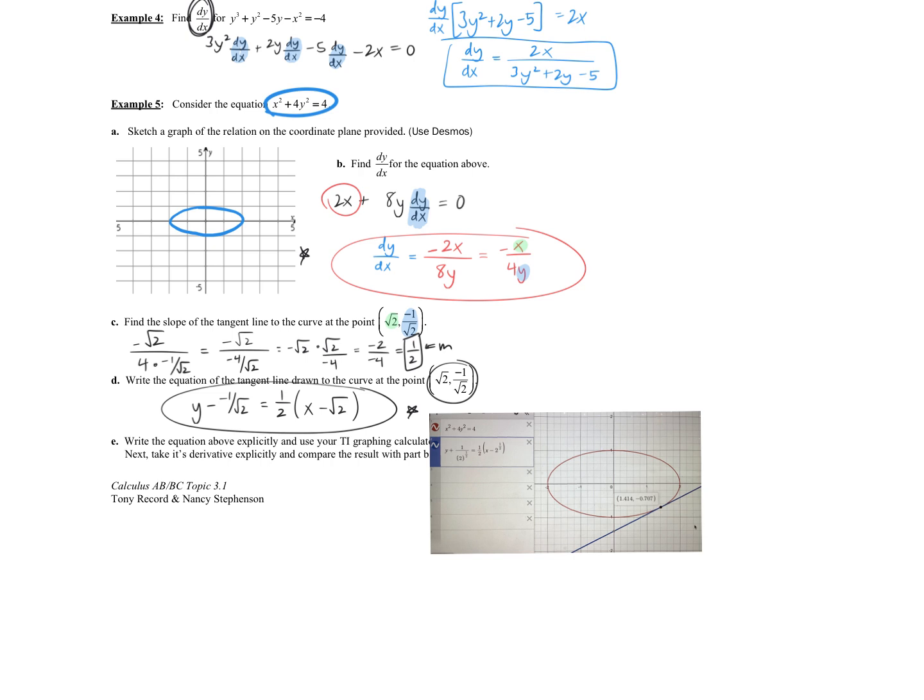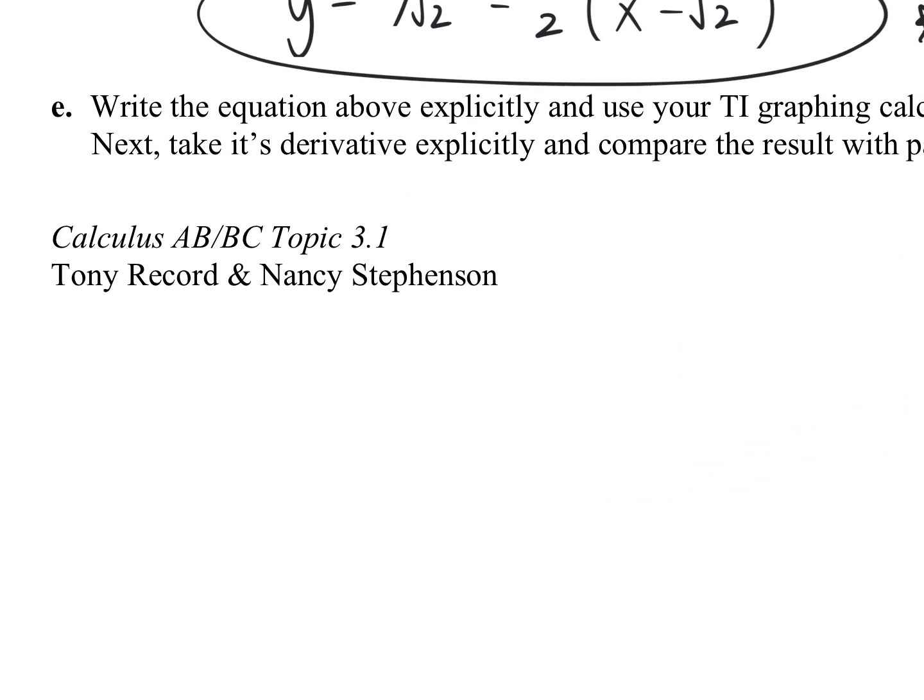All right, this part E says to write the above equation explicitly. So that means the above equation of x squared plus 4y squared equals 4. If I was to write that in terms of just y, explicitly means it's solved for y. Could I do that? Yeah, right? Let's solve this for y.